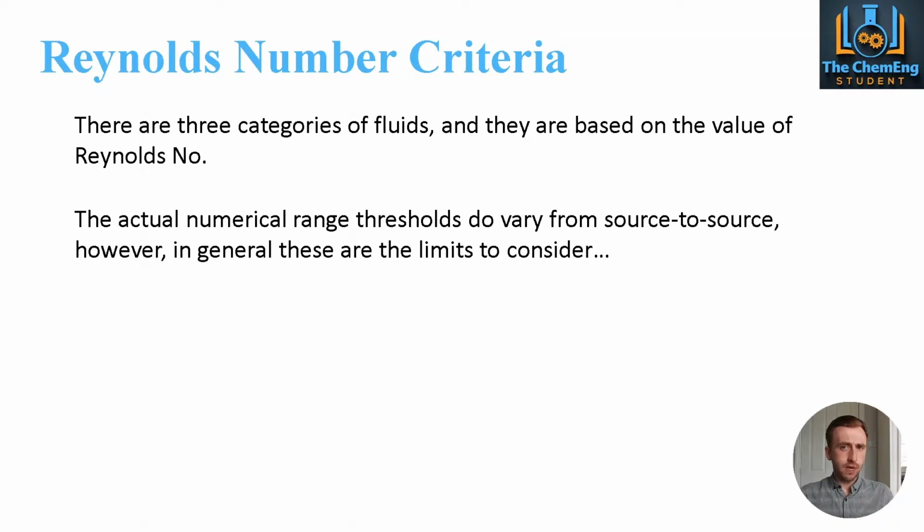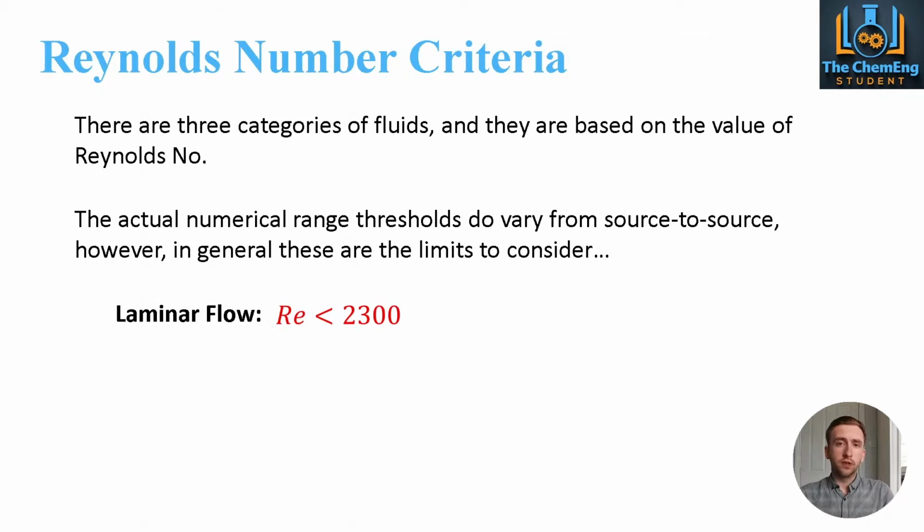There is some ambiguity as to what the actual values are for these three criteria, and it varies from source to source. Different published literature will give you slightly different values, but you will find that they are within say a 10 to 15% error tolerance of each other. So you can expect within that kind of range.